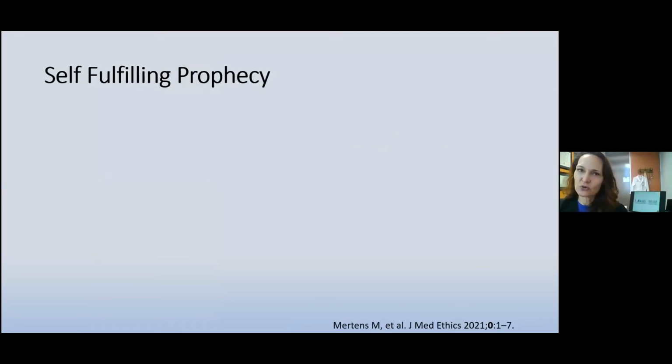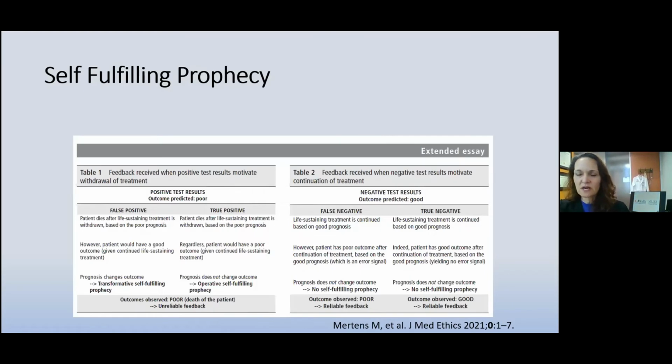This leads to a problem of self-fulfilling prophecy, and this is true in situations outside of medicine and outside of end-of-life discussions, for sure. This is a paper from a recent medical ethics journal that actually looks at the problem of a self-fulfilling prophecy.